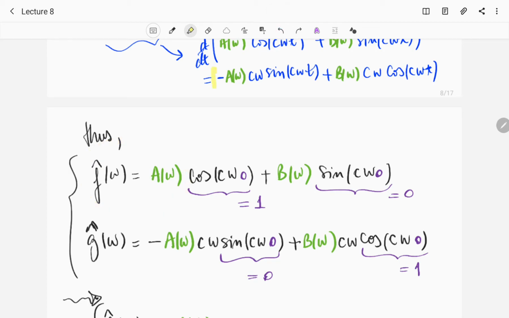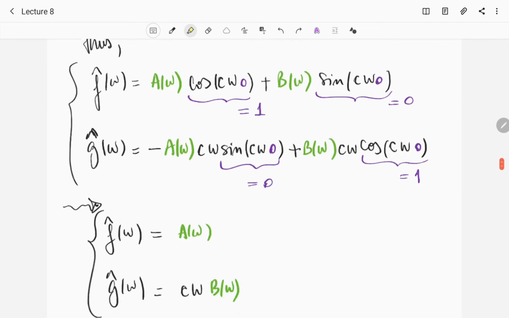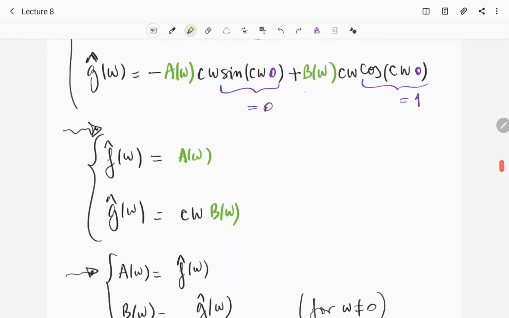Okay, in the second line, here we have the expression of the derivative, and the only thing that we need to do now is to set t equal to 0. So now this guy dies, and we have this one here, and that implies that this is equal to the Fourier transform of g, which is written here in the second line.